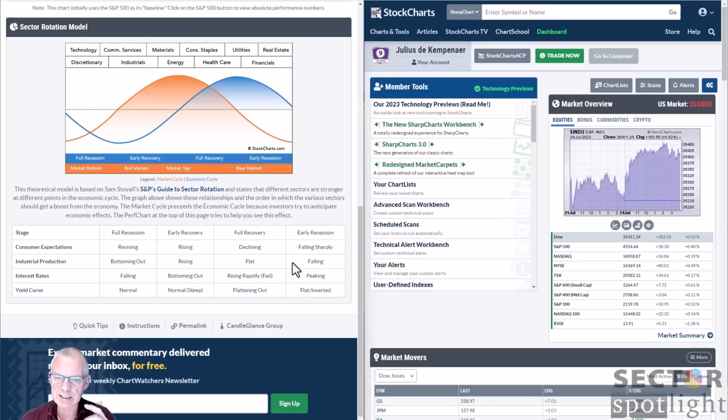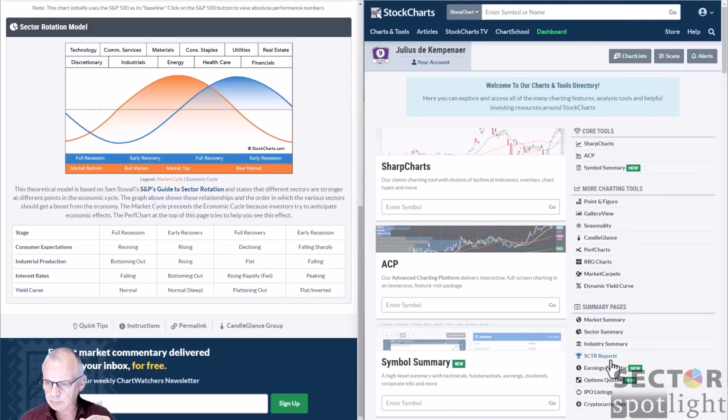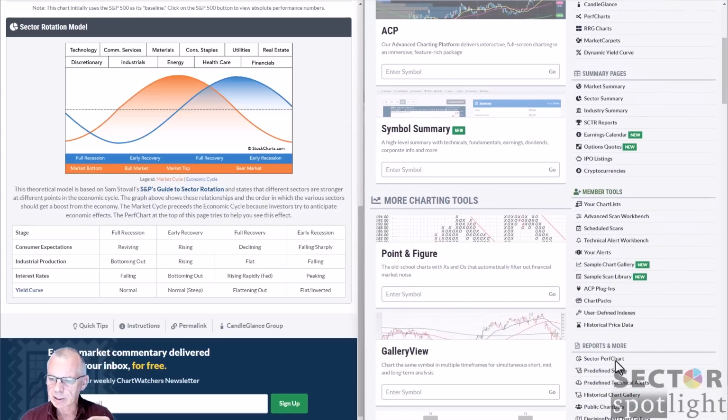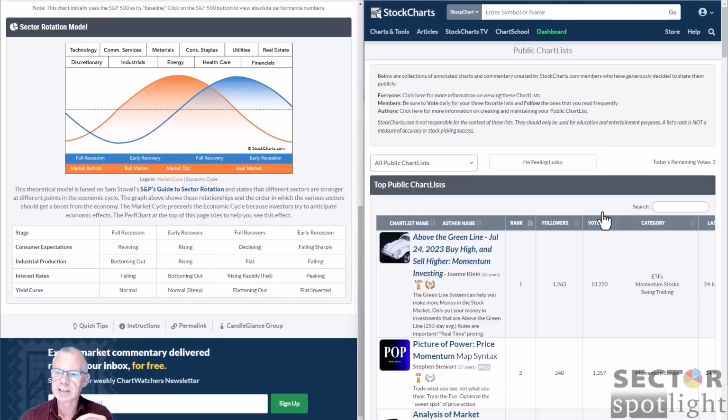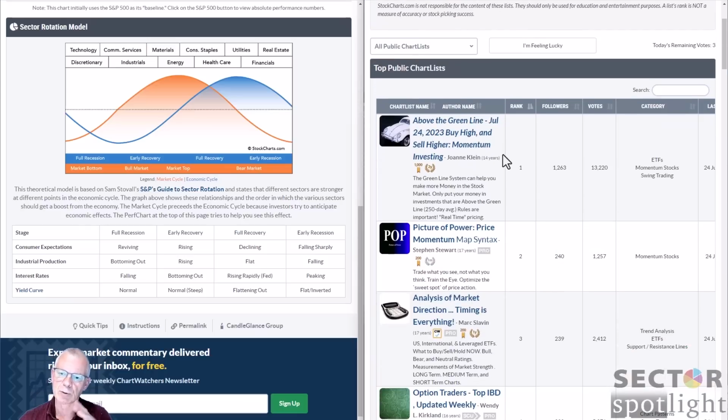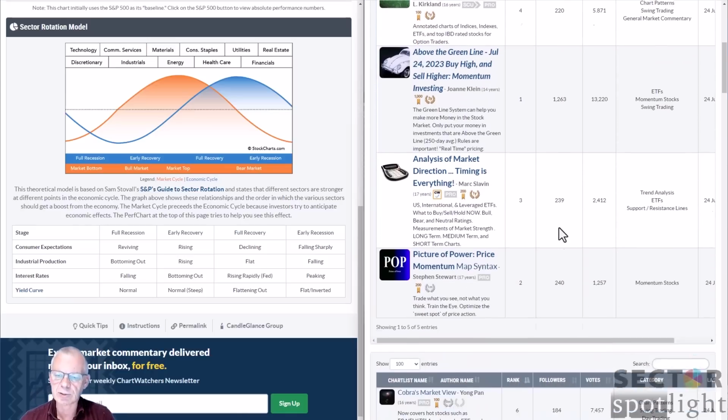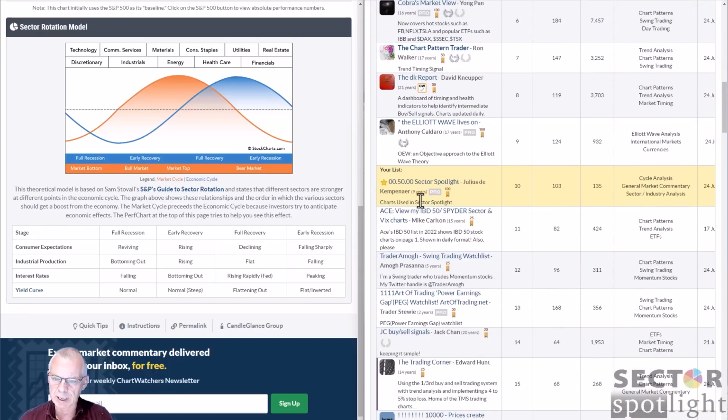You can find that chart list by going to Charts and Tools, and then on the right-hand side, you see Reports and More, and there you see Public Chart Lists. If you click on Public Chart Lists, you will see a whole bunch of chart lists, and the easiest way to look for it is to click on Author Name, then just scroll down to my name, de Kempenaer, and you will find this chart list.